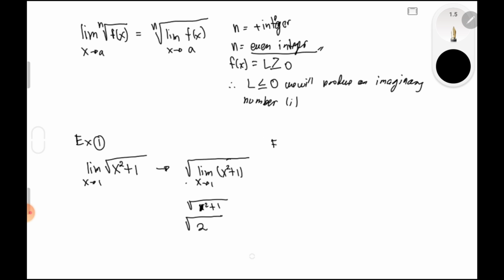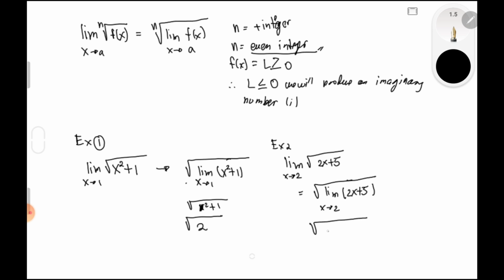Example 2 is we have the limit of the square root of 2x plus 5 as x approaches 2, wherein it can be rewritten into the square root of the limit of 2x plus 5 as x approaches 2.